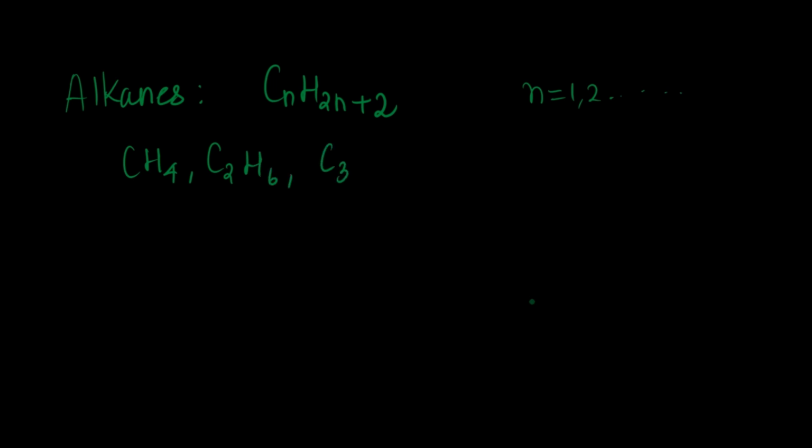So alkanes with the formula CnH2n+2, which means it starts with n equal to 1 and goes like this: 1, 2, 3, 4, 5, 6. And also we know the simplest hydrocarbon, that is methane, CH4, and then comes C2H6, C3H8, and goes on.